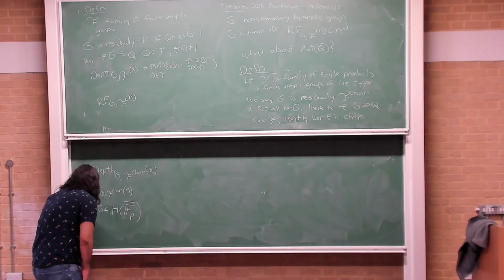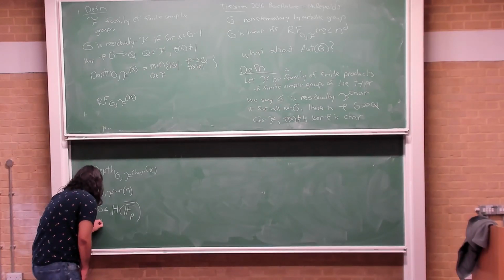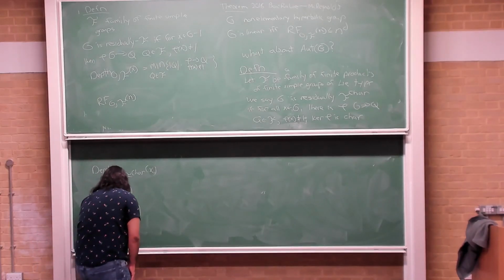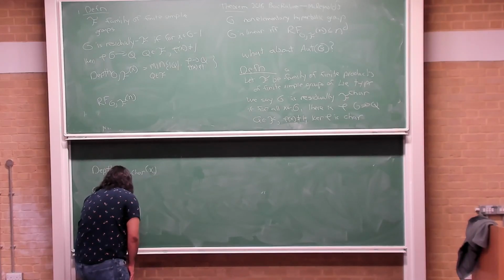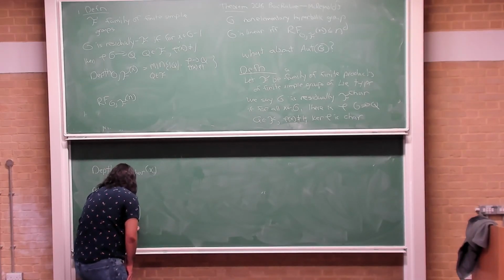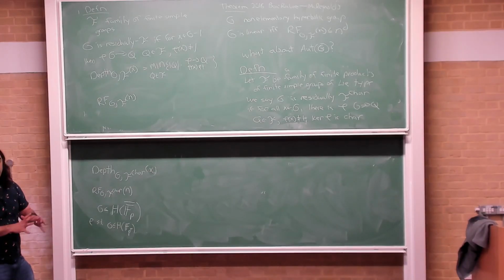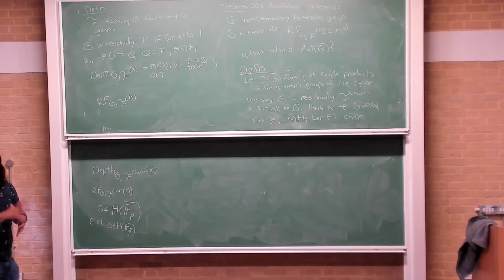There will be an E such that G is contained in the F_{P^E} points. So it'll be the minimal degree of an extension of the finite field F for which it is defined.